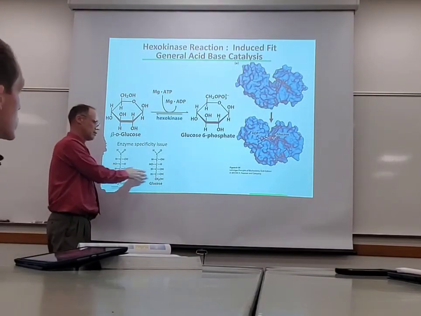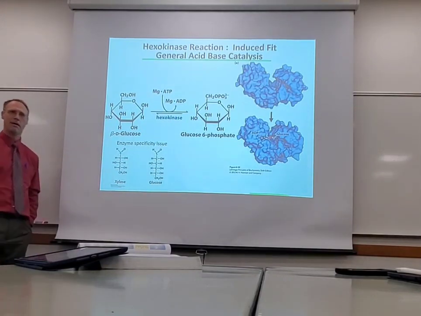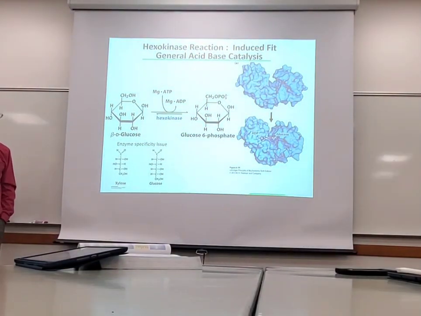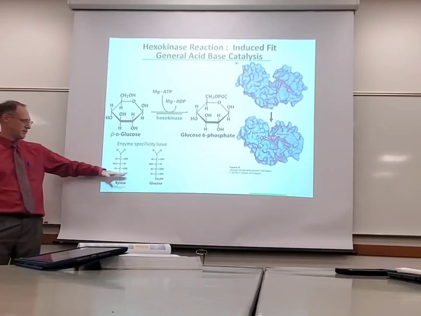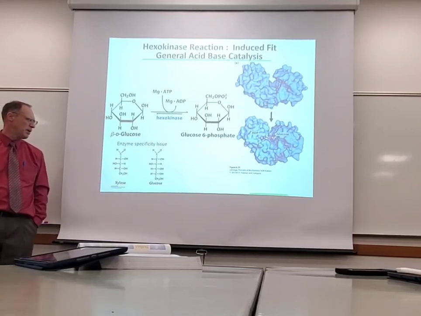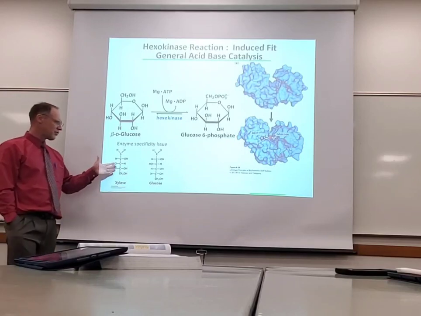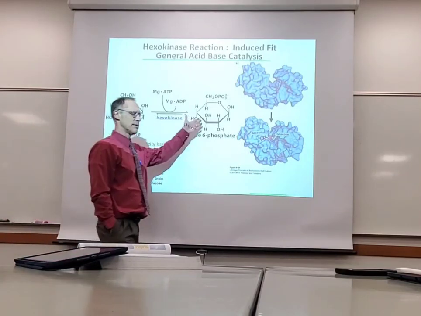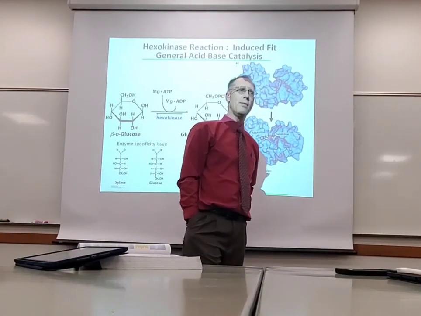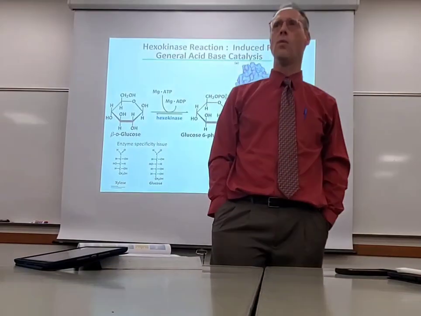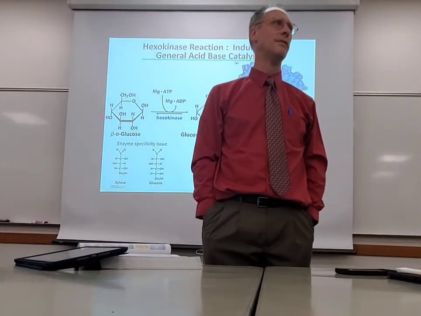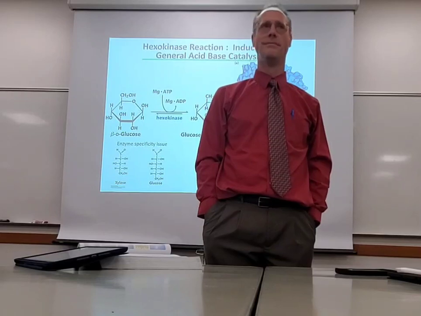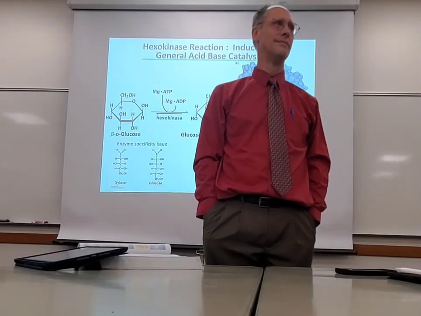Xylose and glucose look what? Pretty similar. In fact, it's only missing what? Another carbon. And it would work. Turns out that if I throw xylose into hexokinase, it will actually phosphorylate water, because it'll grab the water as its last bit that it's missing.